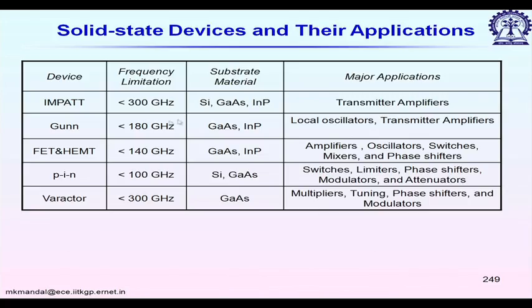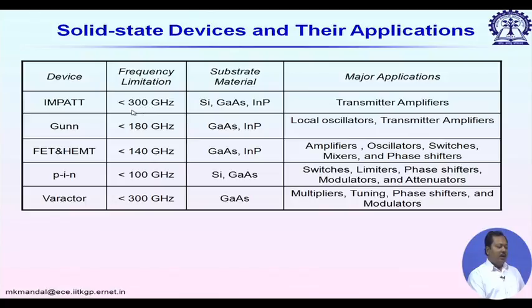Some of the popular devices, their applications and frequency limitations. For example, IMPATT devices are typically used below 300 gigahertz, so they can cover the whole millimeter wave spectrum from 30 to 300 gigahertz. The frequency I am mentioning here represents the popular applications.